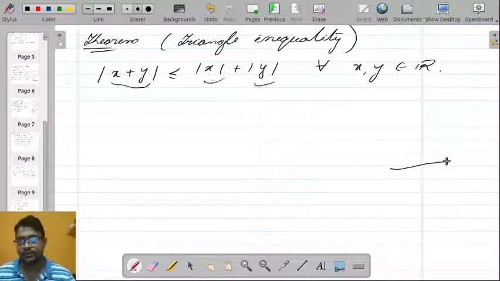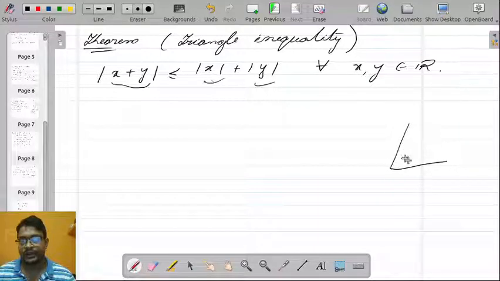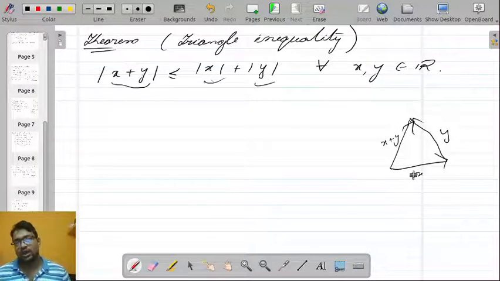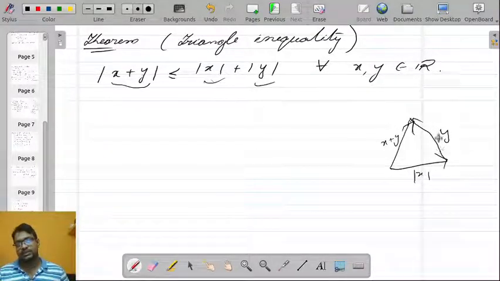Okay, so if you have two sides of a triangle which are denoted by x and y, something like this. In vectors you have done, so if two sides are denoted by the x vector and y vector, then the sum is denoted in the opposite direction by x plus y. So mod x represents this length, mod y represents this length, and the sum of two sides is greater than the third side.